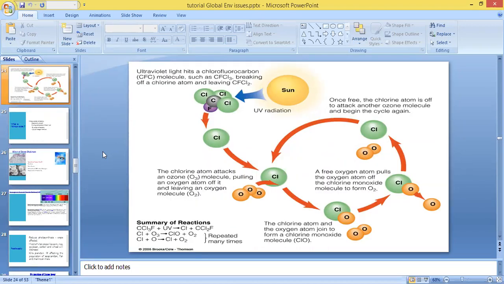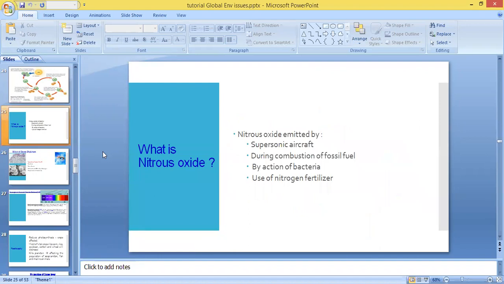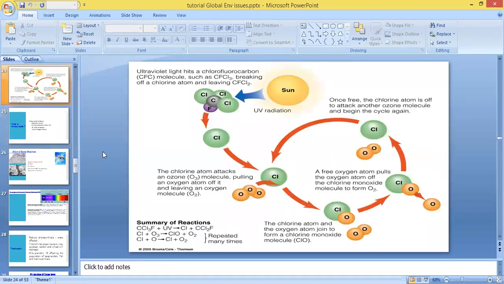Okay, what is nitrous oxide? First of all, if you want to copy down the cycle, you can just note down the important points.